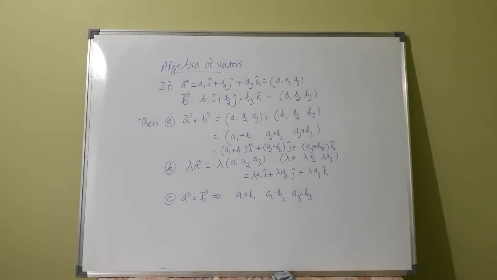You got it? And the scalar multiple of a vector A, lambda A, is nothing but the scalar multiple to each scalar component: lambda a1 i, lambda a2 j, lambda a3 k. Vector A is equal to vector B implies each component is the same: a1 equals b1, a2 equals b2 and a3 equals b3.